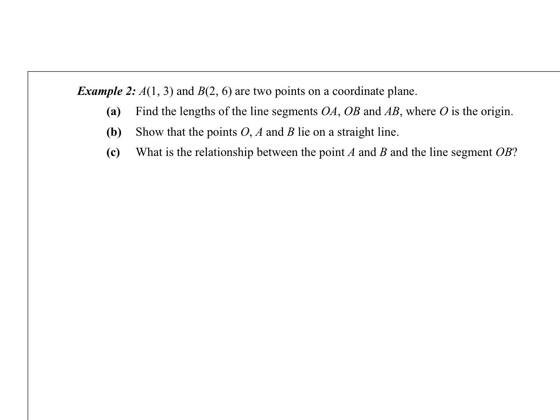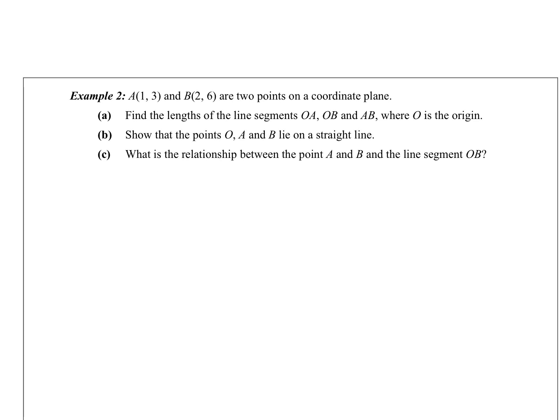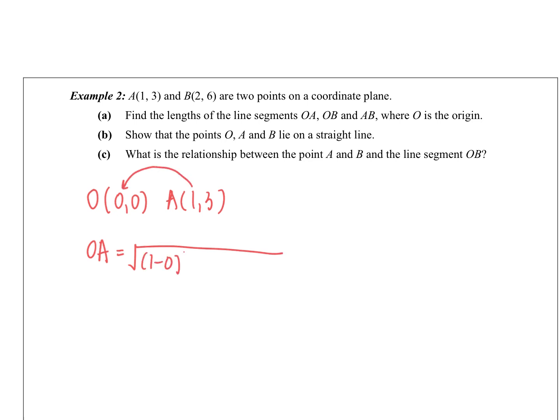Okay, A and B are 2 points on the coordinate plane. Find OA. So, O is the origin, which is 0, 0. A is 1, 3. So they say, can you find the length of OA? So basically use the formula x2 minus x1 square, then y2 minus y1 square.